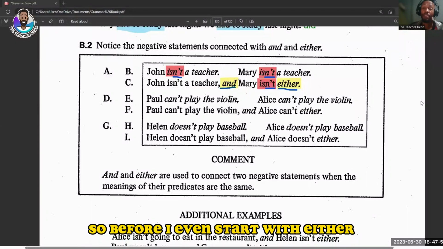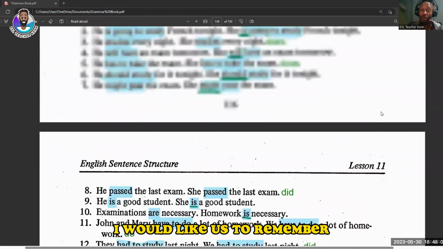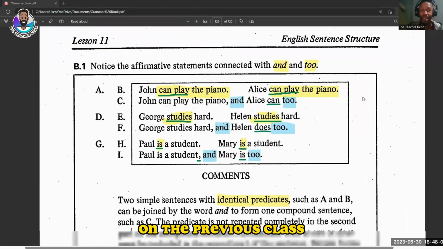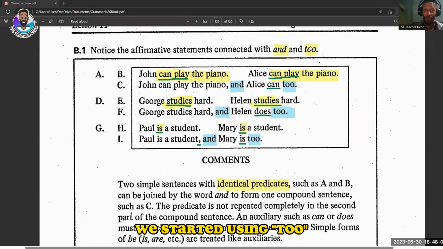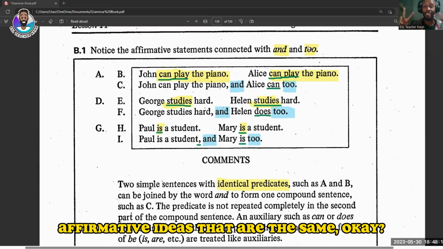So, before I even start with either, I would like us to remember what we saw on the previous class. On the previous class, we started using too. And when were we using too? We will be using too when we have two affirmative ideas that are the same, okay?